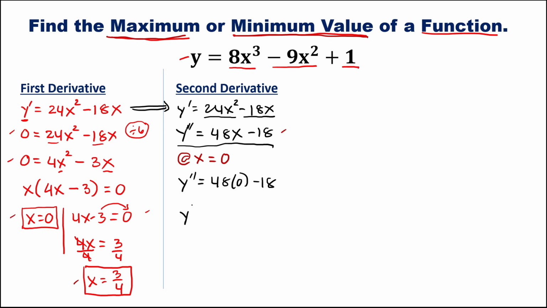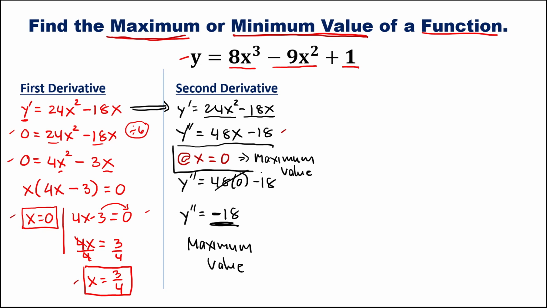Then the y double prime, or the second derivative, this one is equal to negative 18. So since the second derivative is negative, therefore x equals 0 is the maximum value for this function.